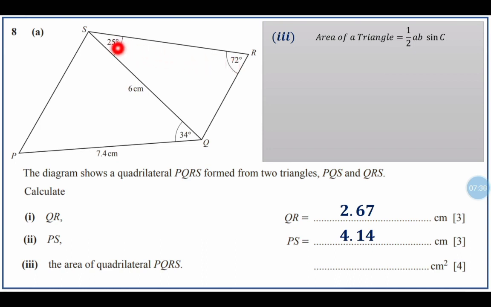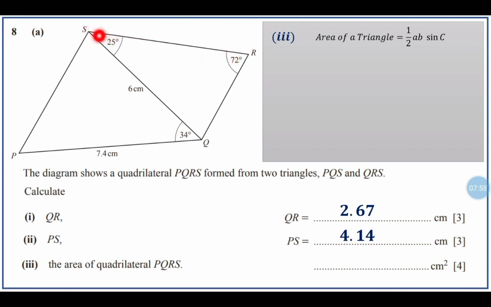I know that this is 25. I don't know the measurement of SR. If I will use the 72 as angle C, I do not know SR. I know QR already with our solution in number 1, but I don't know SR, so I cannot use angle 72. If I will use 25, I cannot use also. Why? Because I don't know SR.